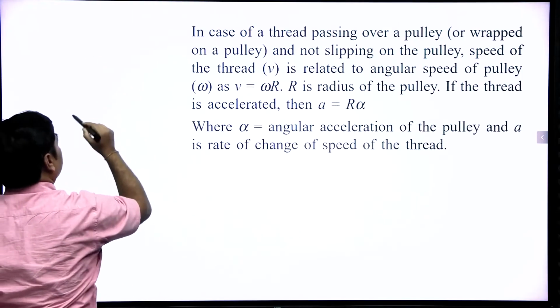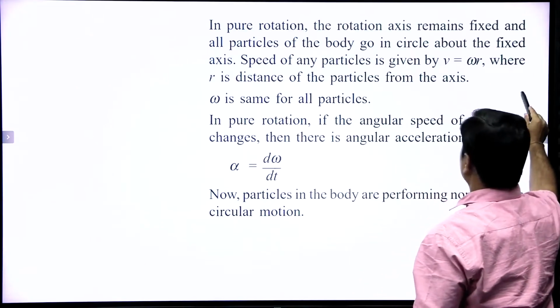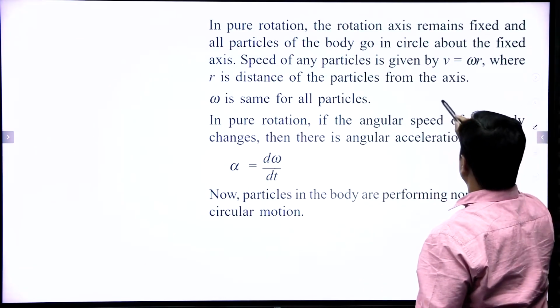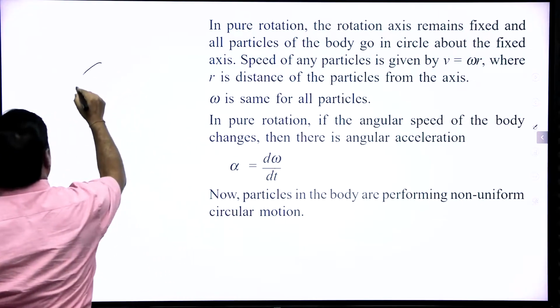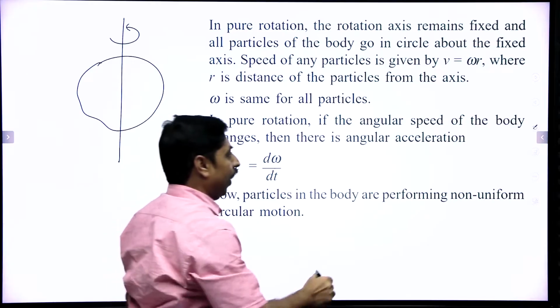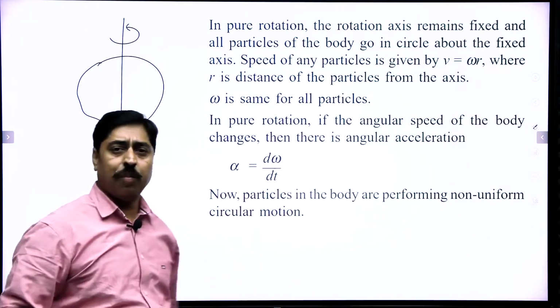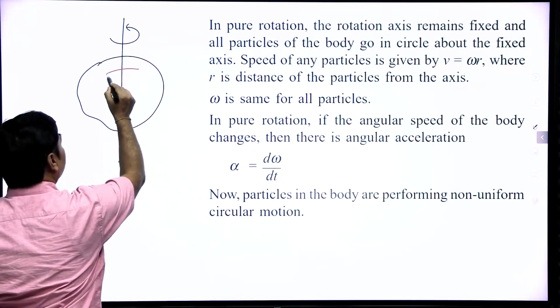If I say that this is a rigid body and it is rotating about this fixed axis, what does it mean? It means that each and every particle in this rigid body is moving on a circular path.